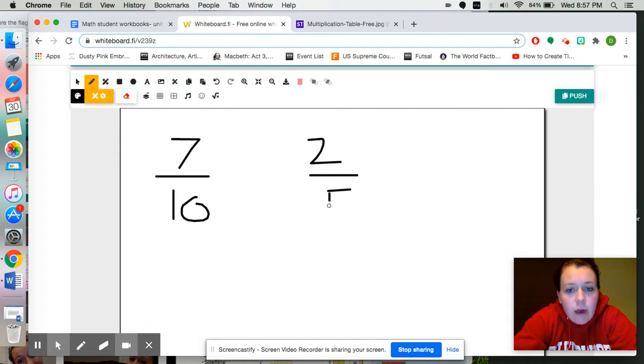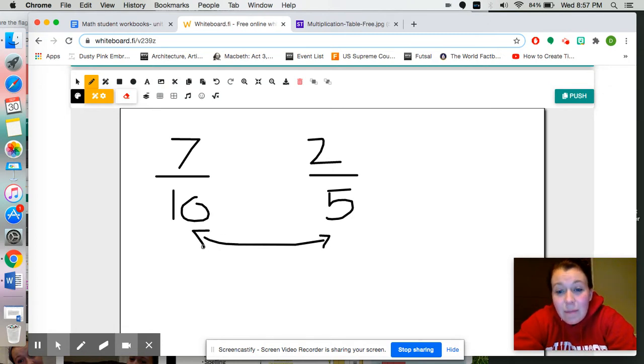Those are my two fractions. Notice the bottoms of the fractions are not the same. They're different, so we cannot add them yet. What we need to do is find how they are the same. The reason you have your math student workbooks is so that you can use your multiplication table, the physical copy, to help you.